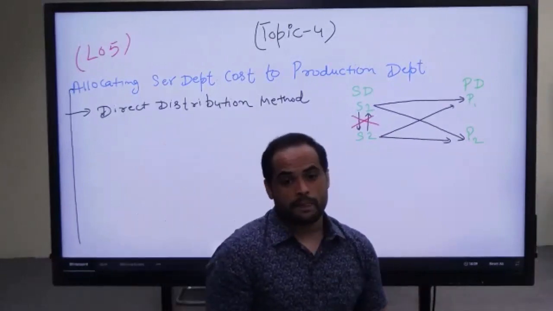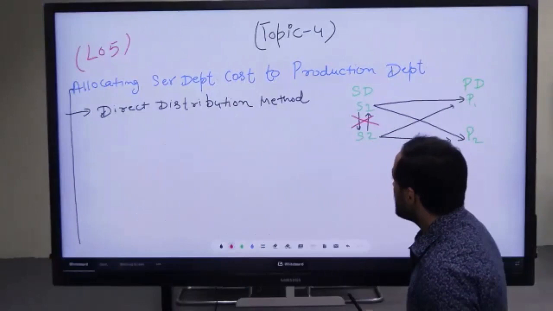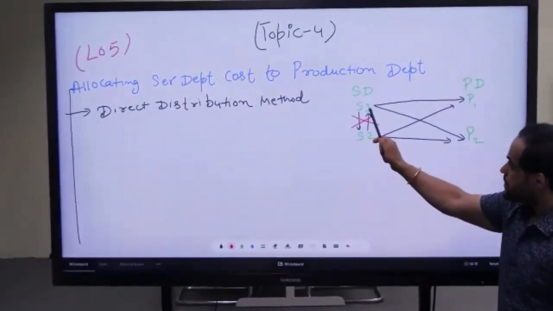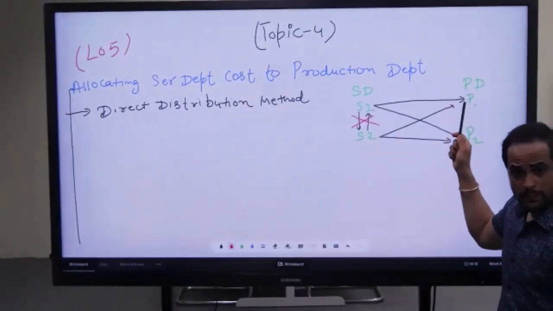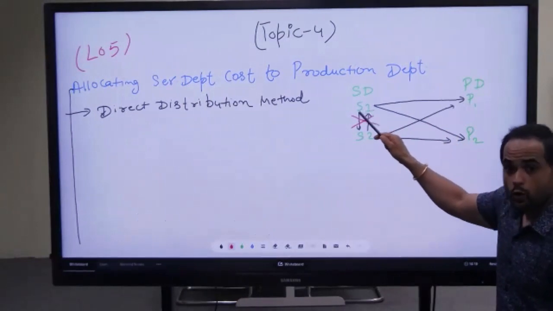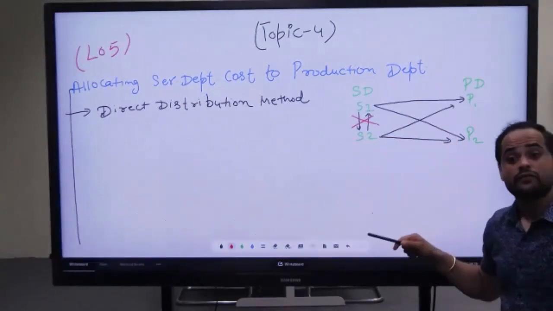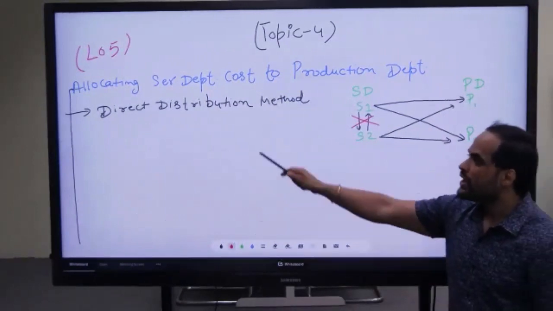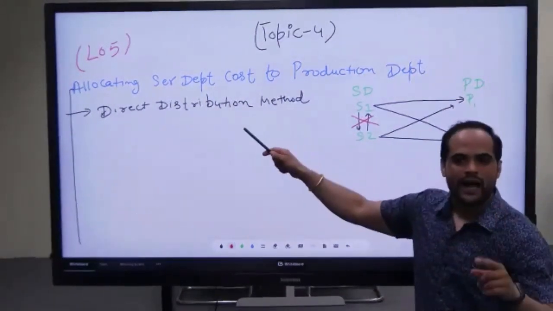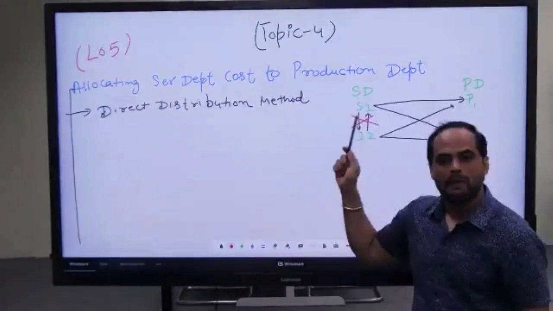So keep in your mind, if a service department is providing service to the production department and also providing service to another service department, then we will not apply the direct distribution method.